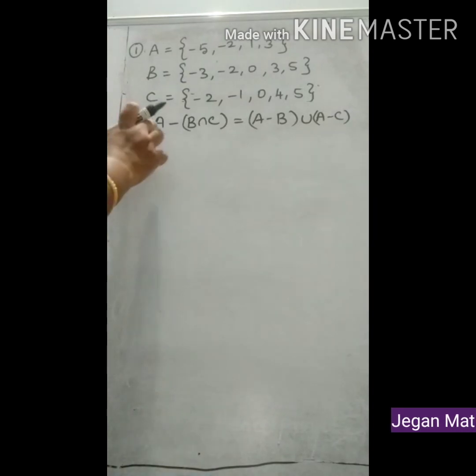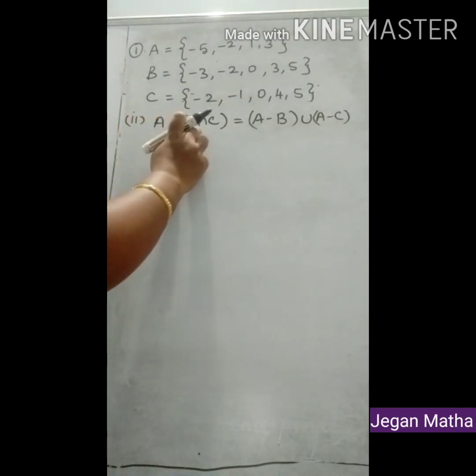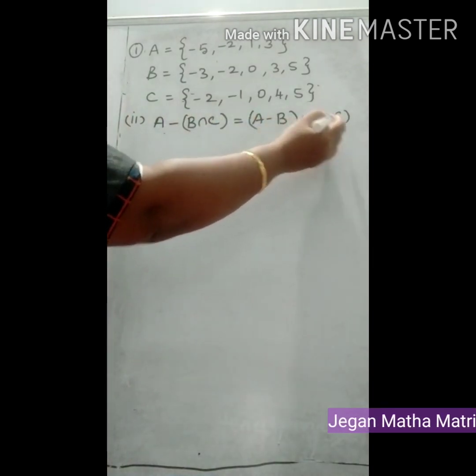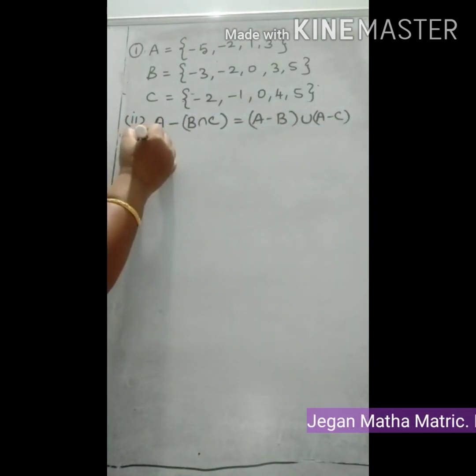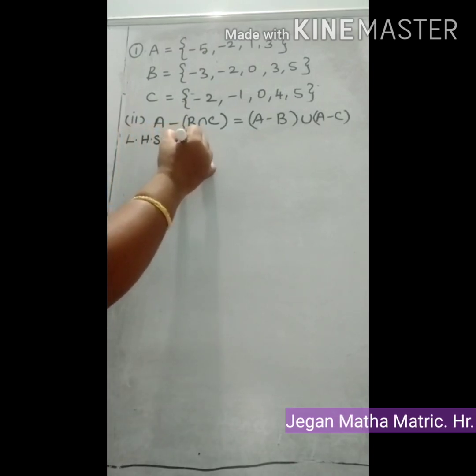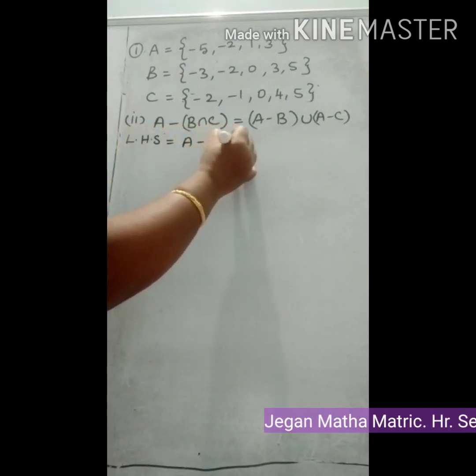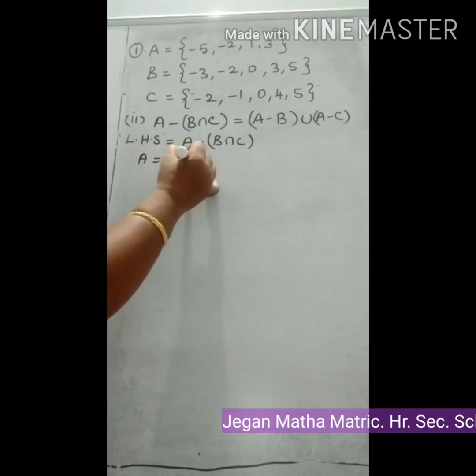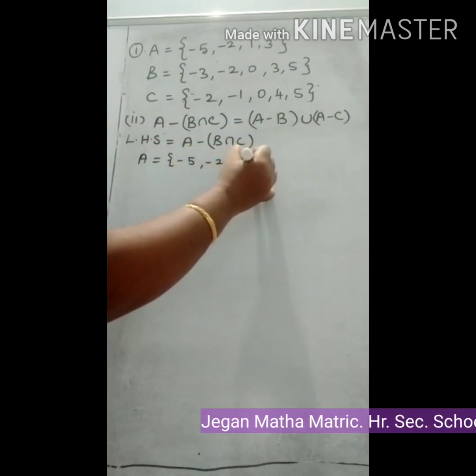Now the second formula is A difference B intersection C is equal to A difference B union A difference C. First you have to take LHS. LHS is equal to A difference B intersection C. So what is A? A is {minus 5, minus 2, 1, 3}.